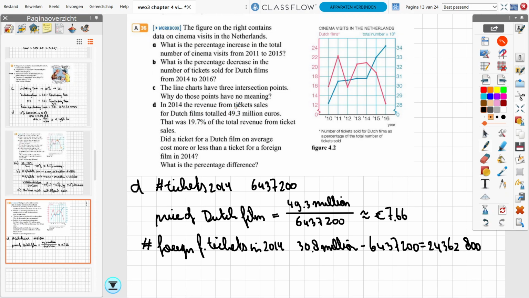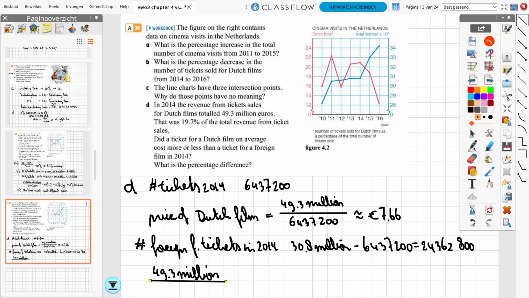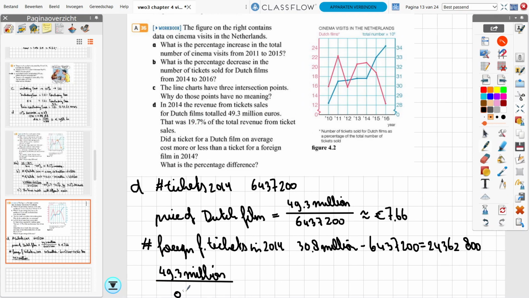If I now want to calculate the total, I can take that 49.3 million and divide it by 0.197. Some other people first divide this by 19.7, then you have 1%, and then do it times 100% to find the total.